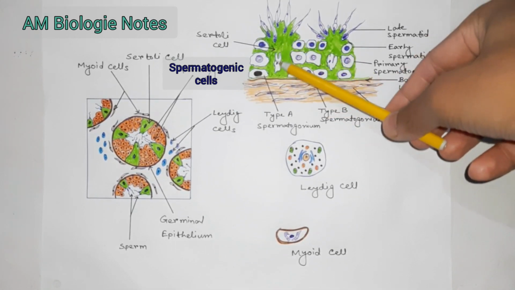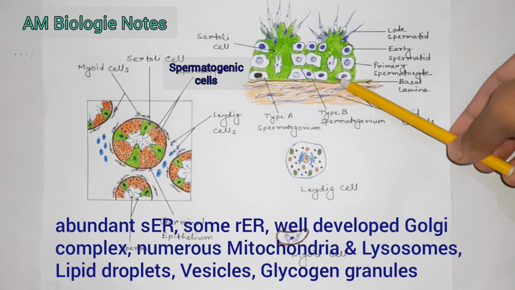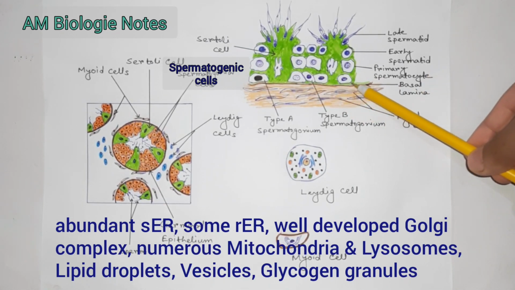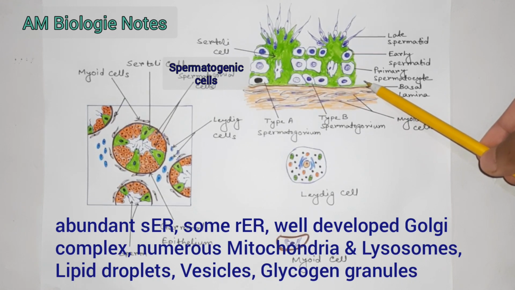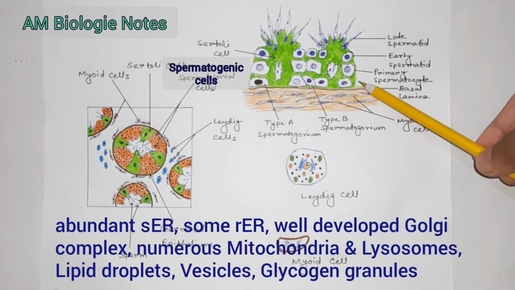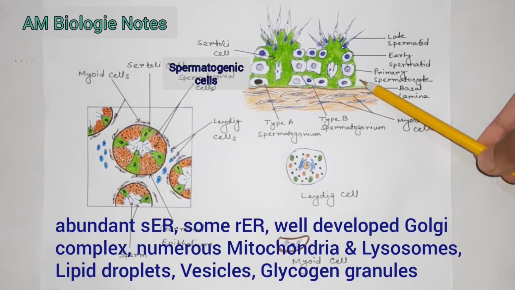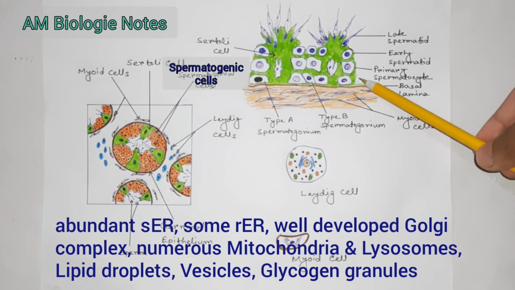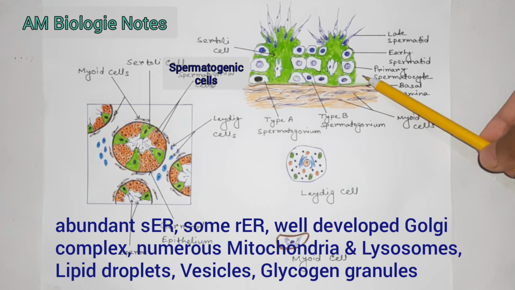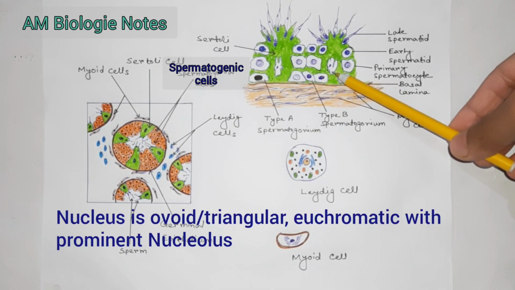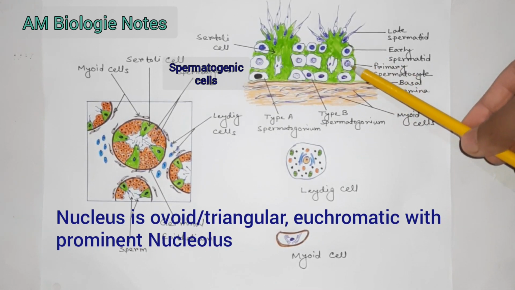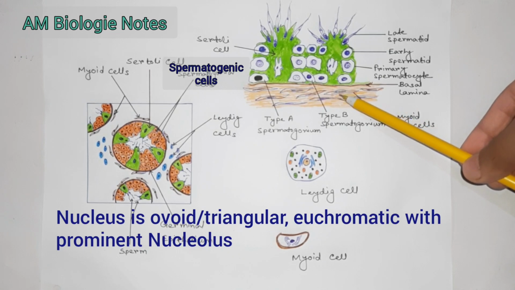Ultrastructure of Sertoli cells shows abundant smooth endoplasmic reticulum, some rough endoplasmic reticulum, well developed Golgi complex, numerous mitochondria and lysosomes, lipid droplets, vesicles, glycogen granules, etc. Their nuclei are typically ovoid or triangular, euchromatic, and have a prominent nucleolus.